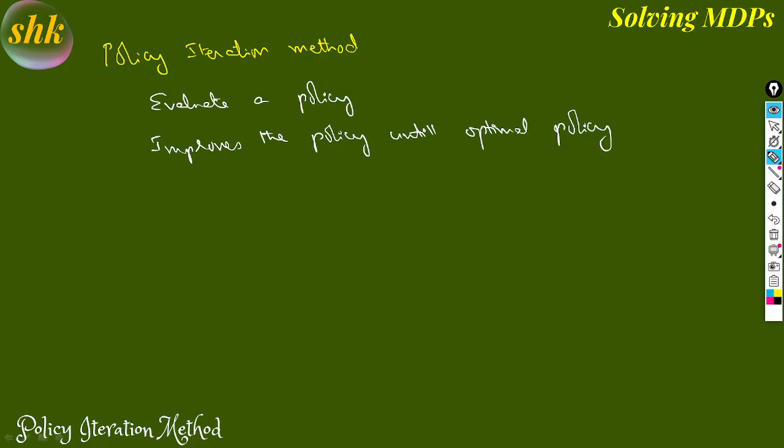In the evaluation of a policy, we compute the value function. Whatever value function we get will be used for improving the policy. So in policy iteration we have two steps. It is a two-step method.